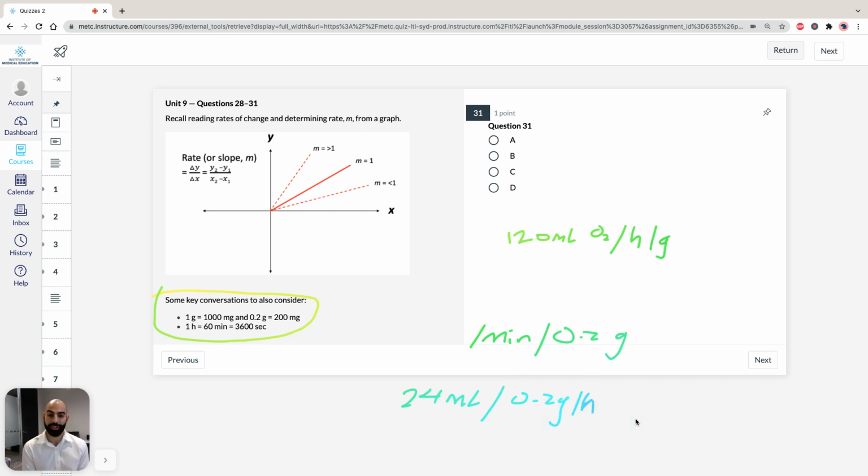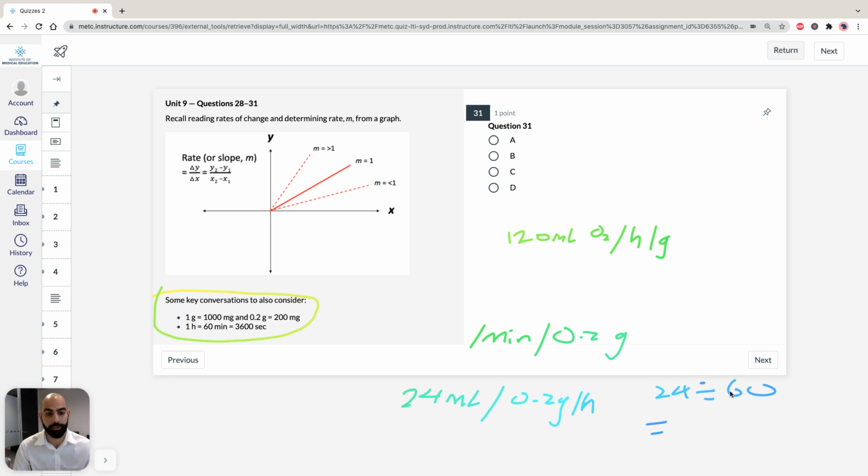Now we've got to convert it to per minute, so we divide by 60. So 24 mL divided by 60. If you do some quick mathematics, let's say 30 divided by 60, because in the GAMSAT you don't have much time.